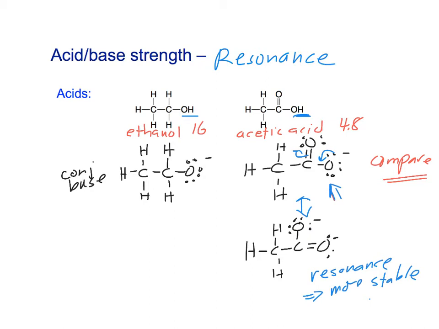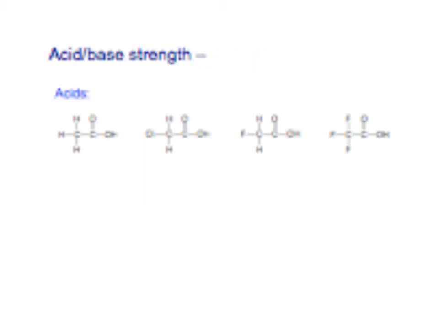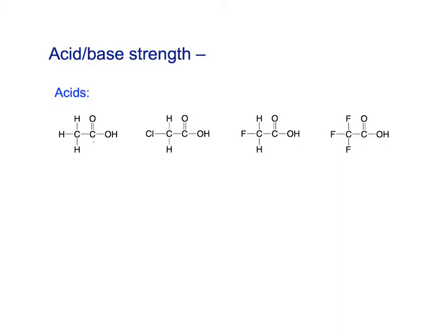All right, let's look at one more effect here. Let's look at these 4 acids. Notice that they all have the same functional group here. In each case, this is called a carboxylic acid. This one over here is acetic acid.